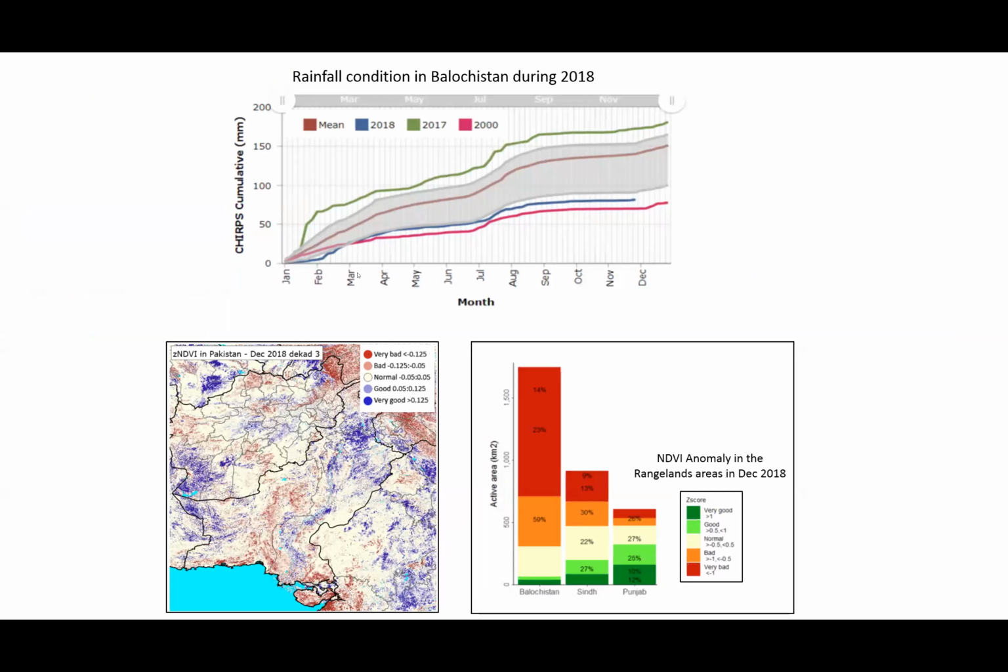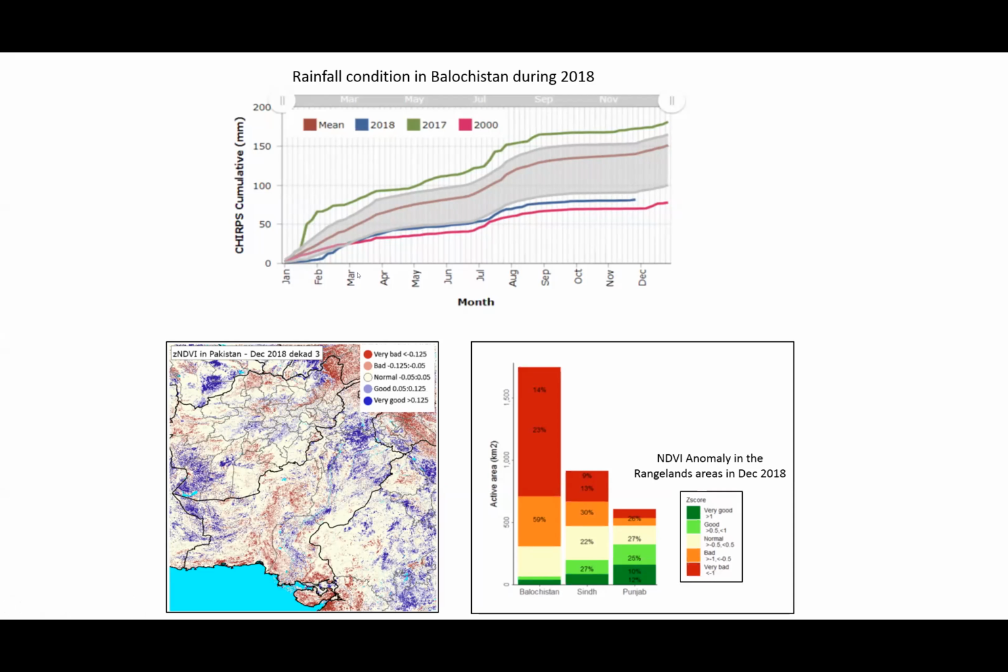Then again, I was mentioning that for effective drought communication, you need to have an administrative boundary, and you need to aggregate that communication in a visualization form. For example, if you try to aggregate whole conditions within a province, there can be a region where there is good rainfall and a region where you have bad rainfall. But when you sum them up or aggregate them together, you might see a normal situation.